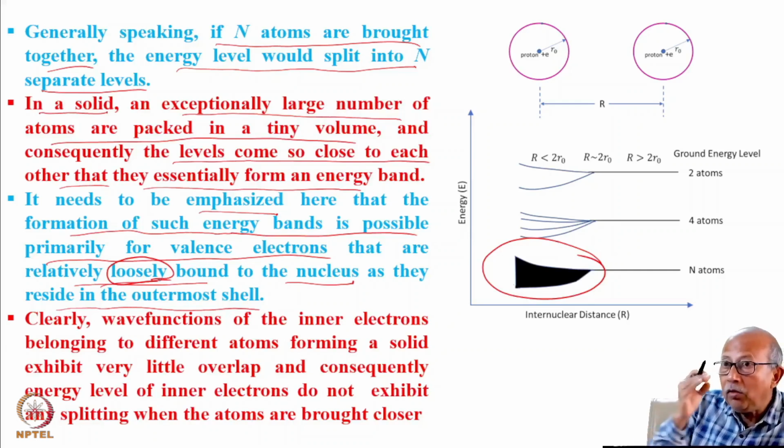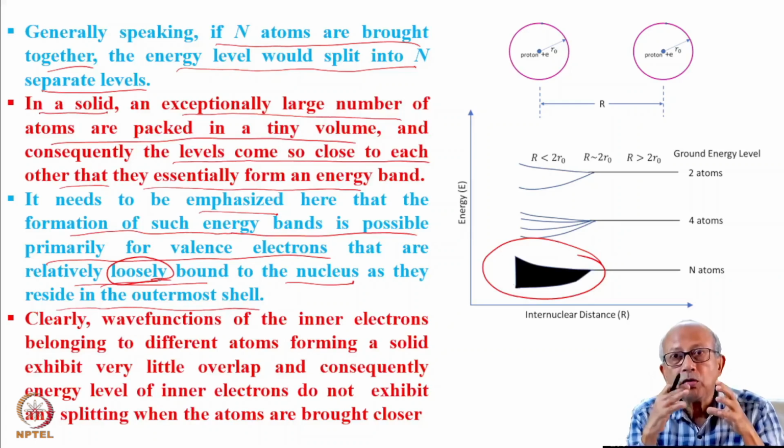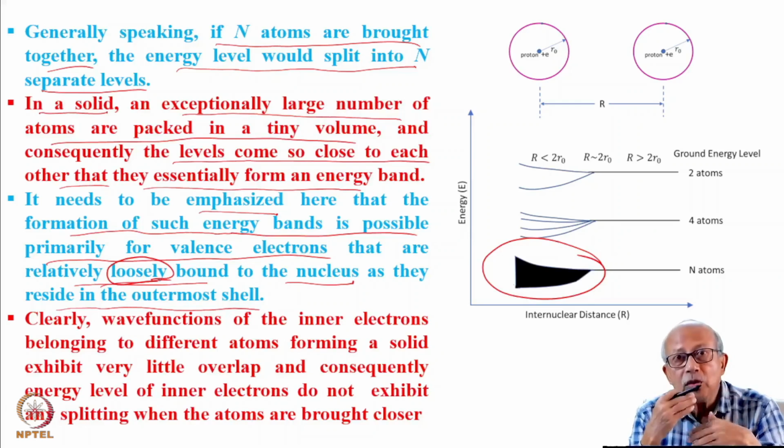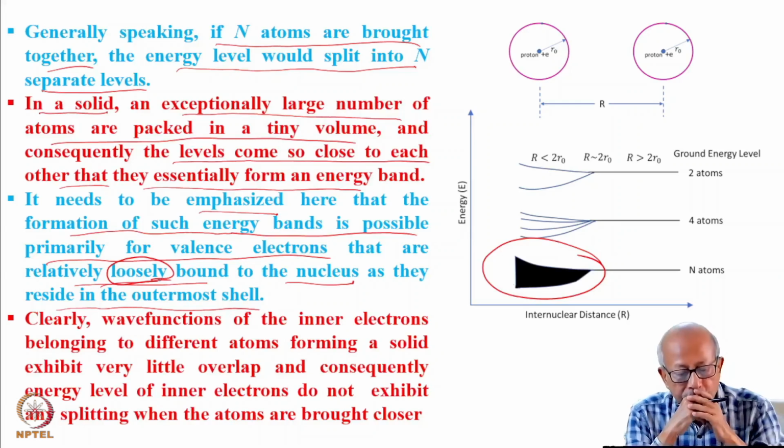They can rotate around all the nuclei which have been brought close to each other as the solid is being formed, which is actually the packing of many atoms very close together in a tiny volume.